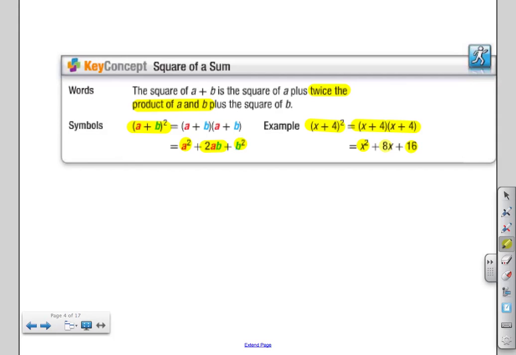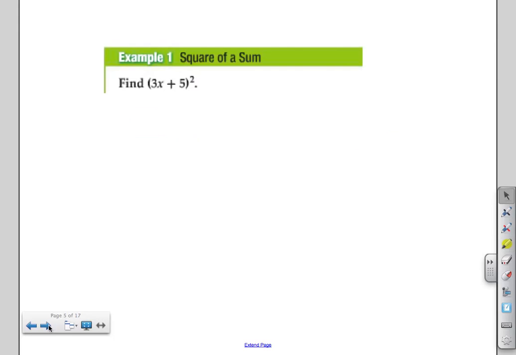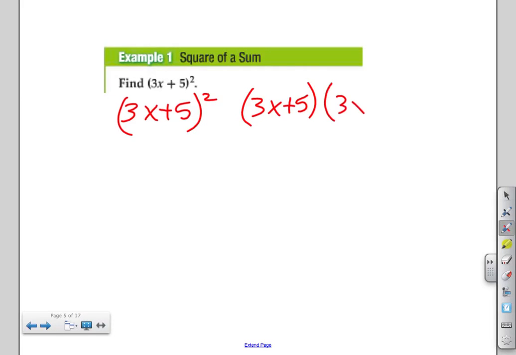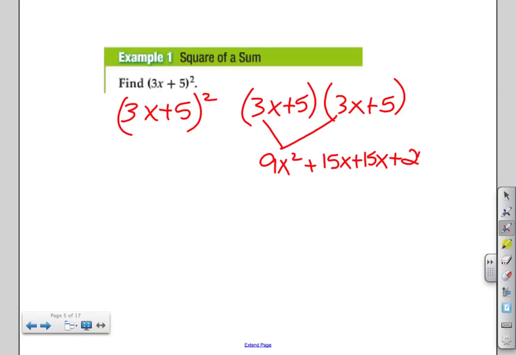All right, let's look at an example problem. We have the quantity 3x plus 5 to the power of 2, which of course means 3x plus 5 times 3x plus 5. So that's going to be 9x squared, and then I have 5 times 3x is 15x plus another 15x, plus 5 times 5, or 25.